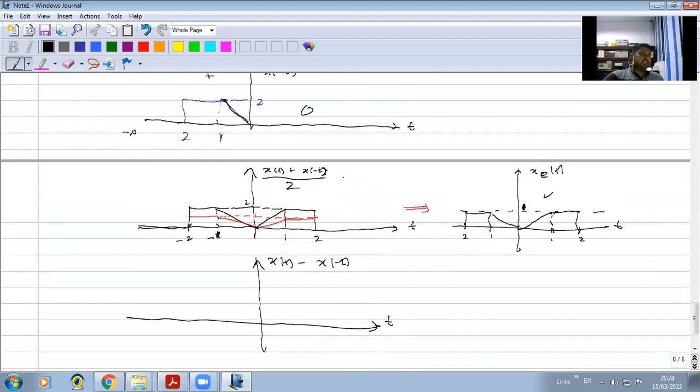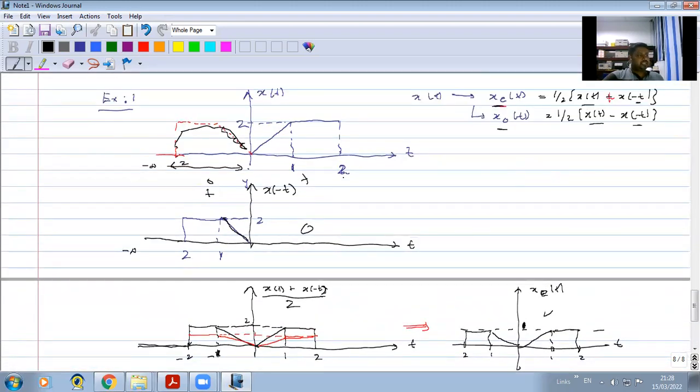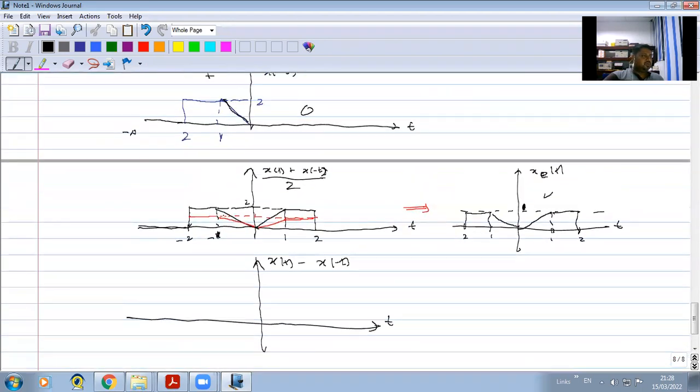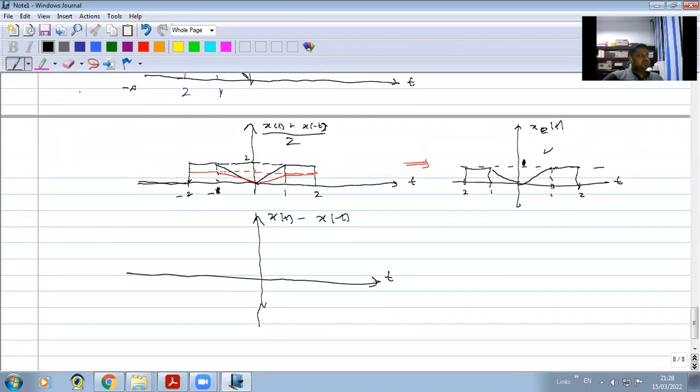If I subtract x(-t) from x(t), I will get 0 minus this one, so this whole part will be minus, no? You have to do this question by yourself. Try to understand this.